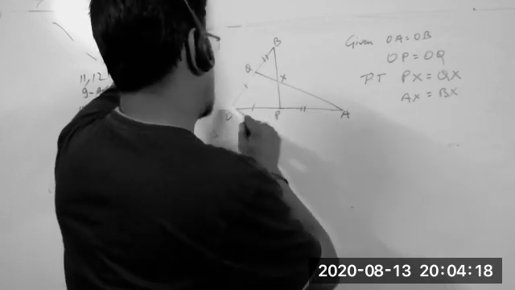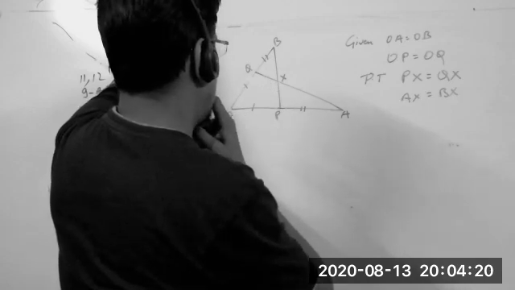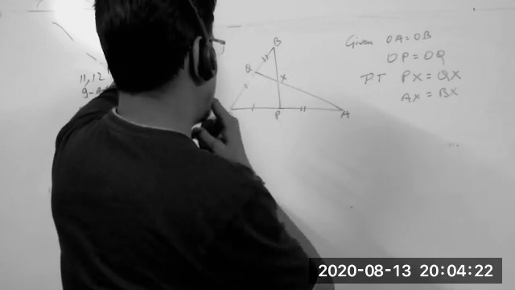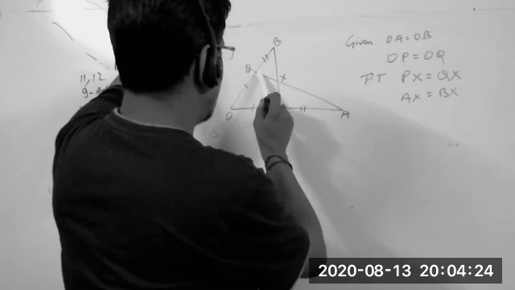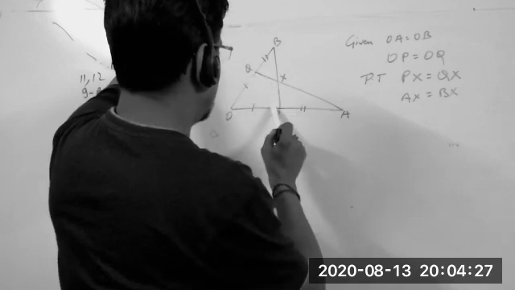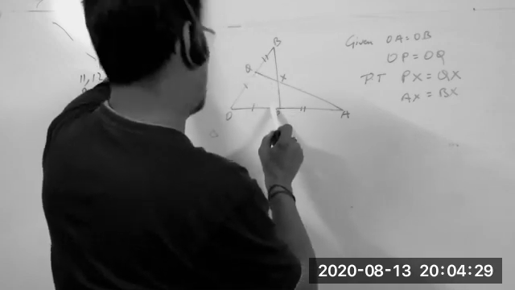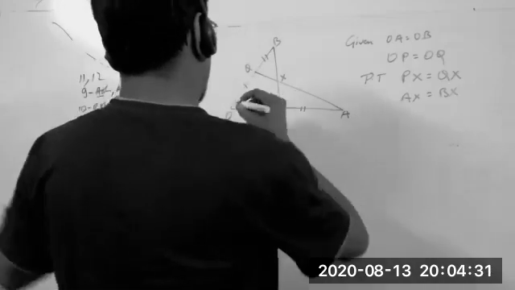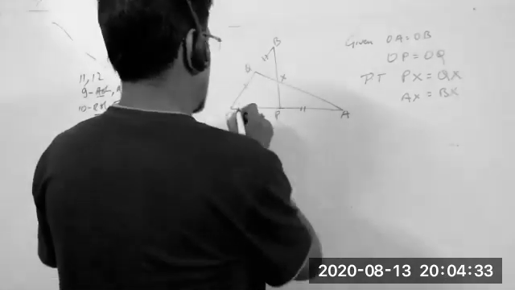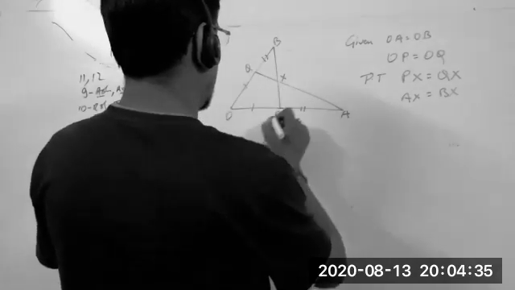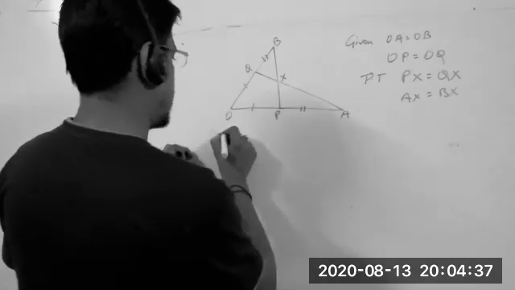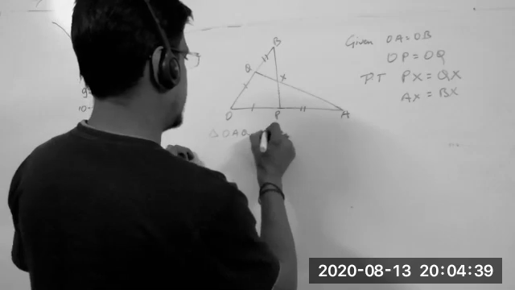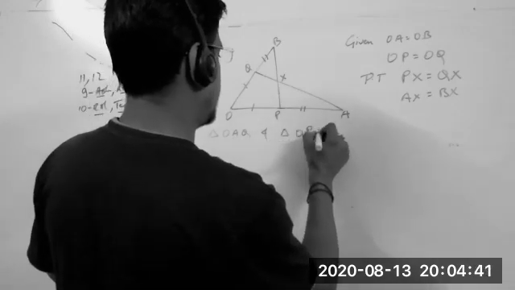This one. Side, angle, this angle, and this angle. Okay. This triangle and this triangle, if we take triangle OAQ and triangle OPB.